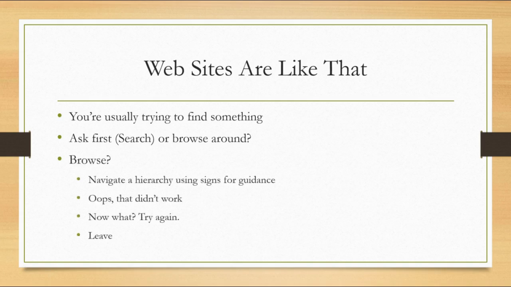If you browse, you're going to navigate a hierarchy using signs for guidance. So you're looking for indicators of where you should be clicking to go. You try something that didn't work, try something else. Maybe that worked, maybe it didn't. Now what? Keep trying. Eventually, you give up and leave.